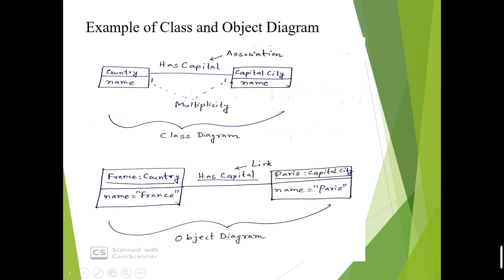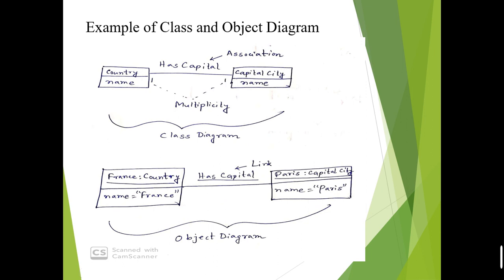The name of the association is called has capital, and here I have written 1 and 1, which means one country has one capital city, so it represents the multiplicity. So for the class diagram, this line represents the association and this number represents the multiplicity.